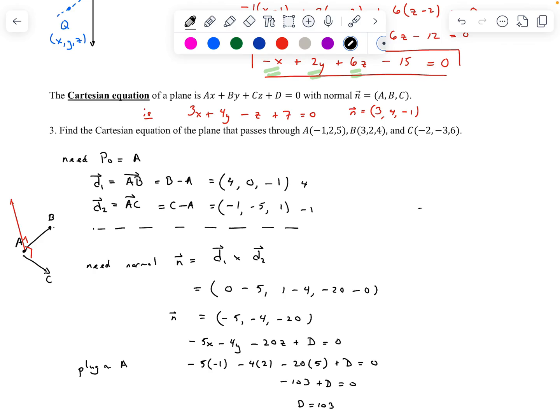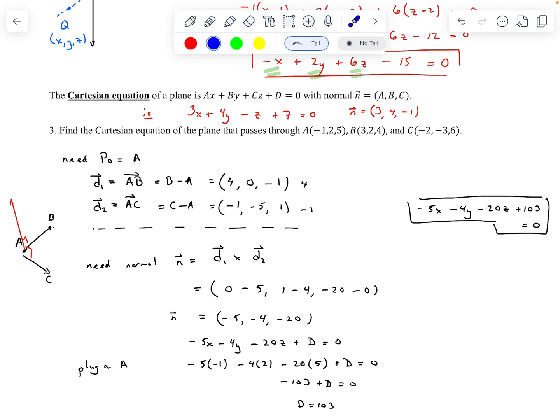The answer to this question is -5x minus 4y minus 20z plus 103 equals 0. That is the Cartesian equation of the plane. It shows you the normal. And the 103 doesn't show you much by itself, but it makes sure that it hits this point.